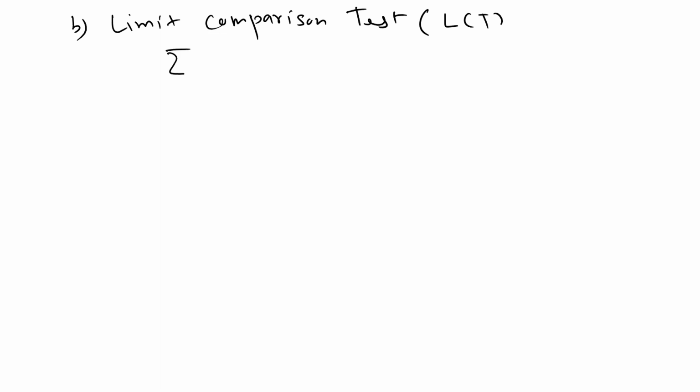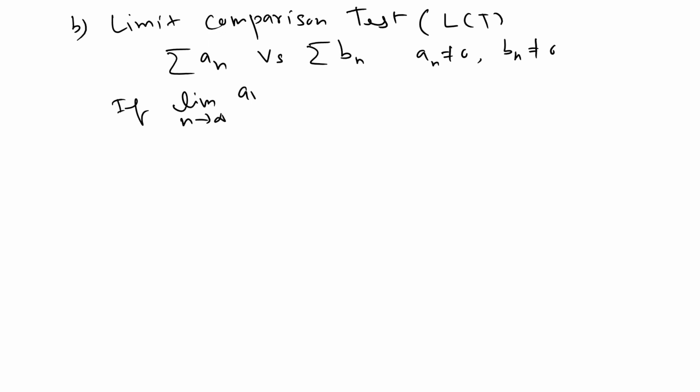So in this case, we have two series, sigma an compared with sigma bn. And we also assume that those terms are not equal to 0, especially the one you divide by. Now what we can do: if the limit as n goes to infinity of an over bn is a number other than 0 (if you get a 0 case, that's a special situation, we have to consider that separately), then the two series behave exactly the same way.